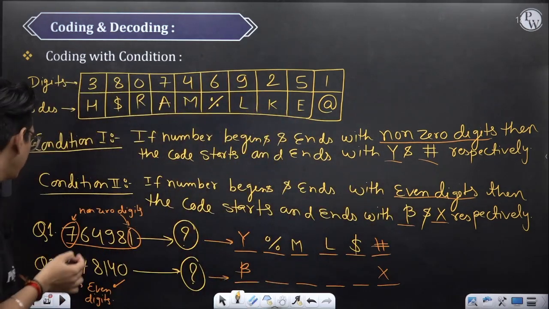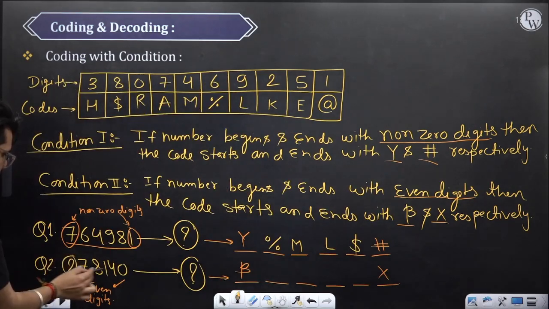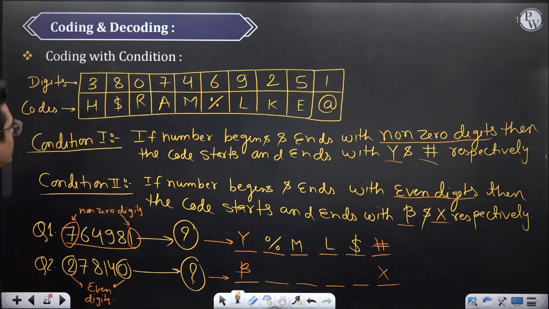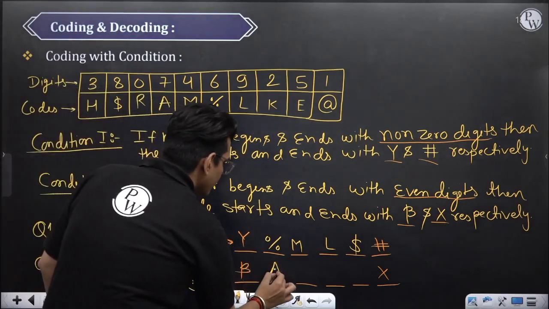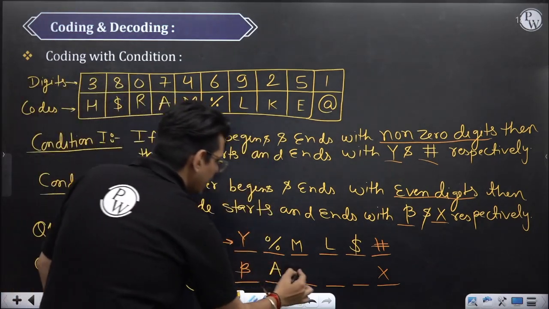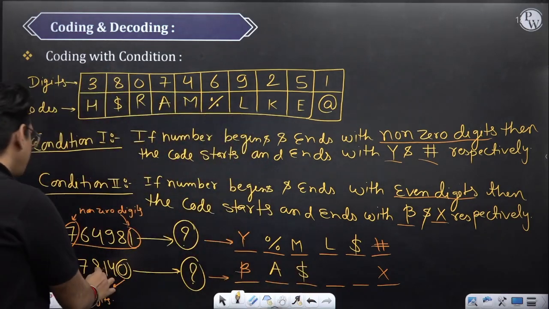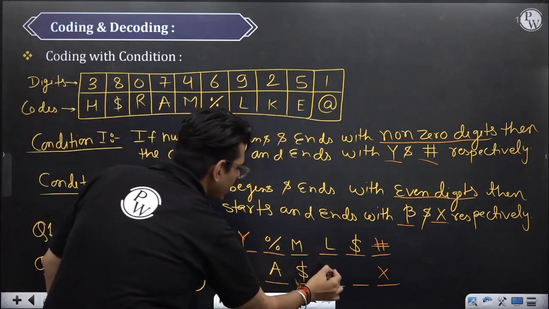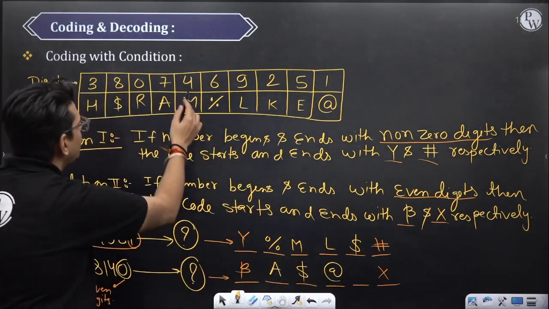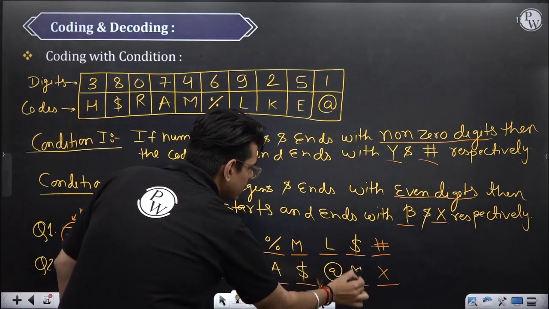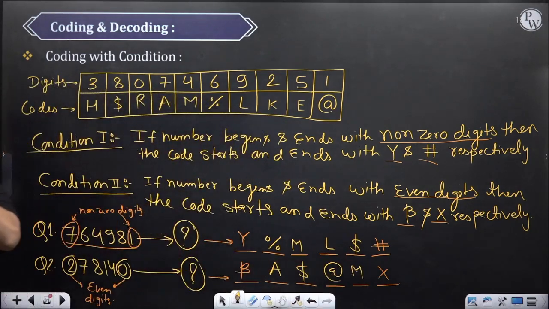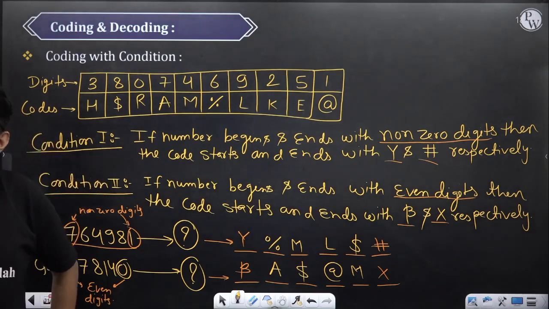The condition is: 7 8 1 4. 7 is a, 8 is again dollar, and for the remaining, 1 is at the rate and 4 is m. So this is another type of coding.